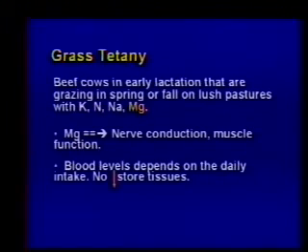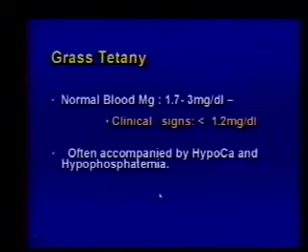Consequently, if an animal is in hypomagnesemia, they can also mimic hypocalcemia or milk fever. The blood levels depend on the daily intake because there's very little storage of magnesium in the tissues, such as the liver.